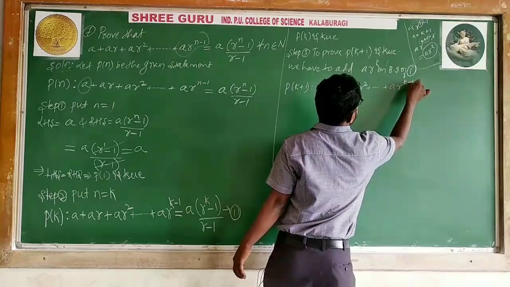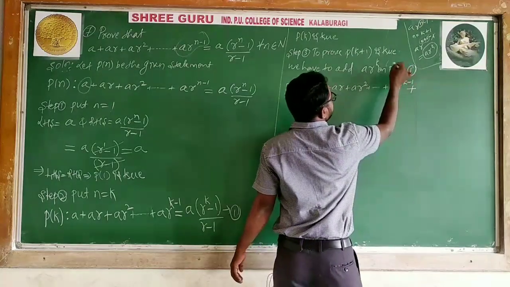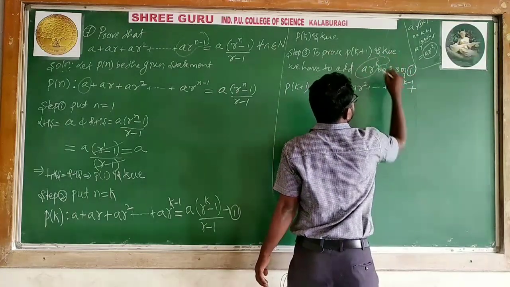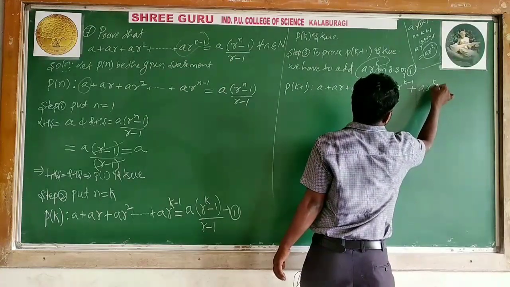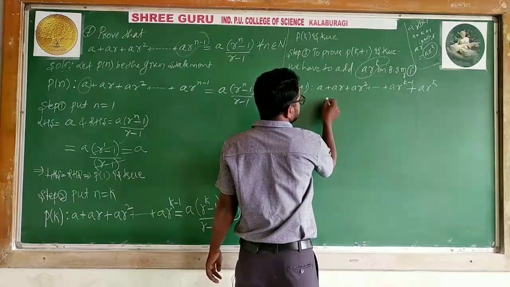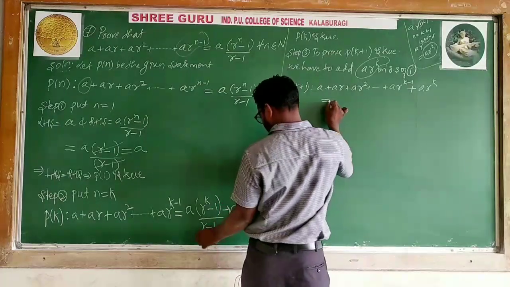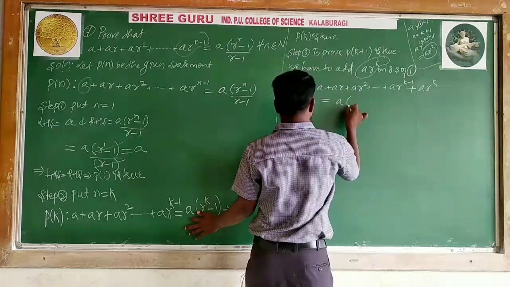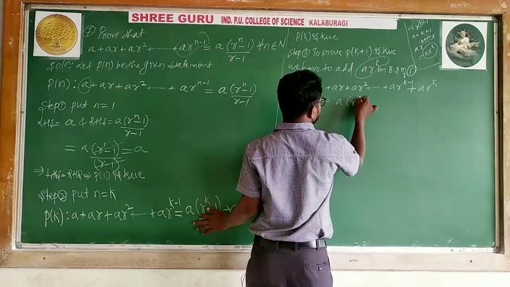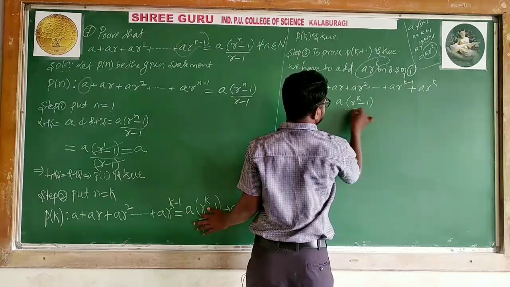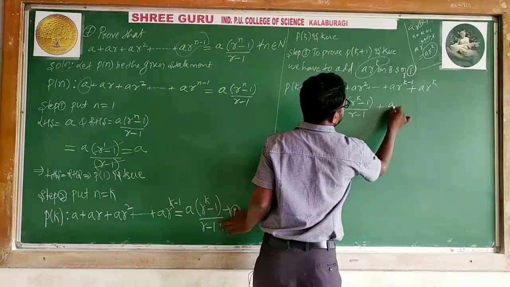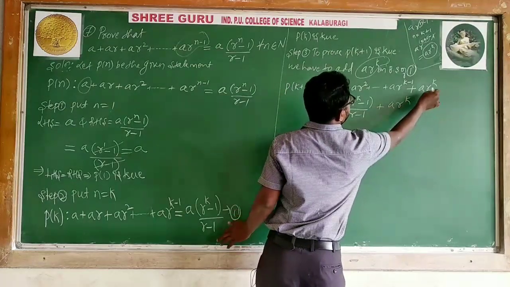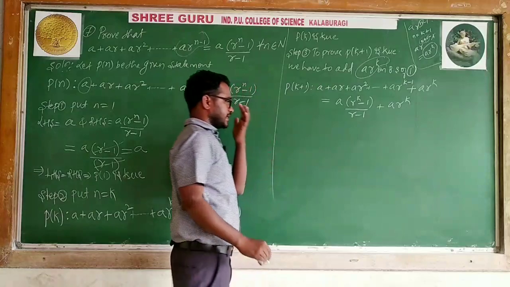Plus you are adding a r to the power k, and it is equal to a r to the power k minus 1 divided by r minus 1, plus a into r to the power k. I added these two terms. See there.